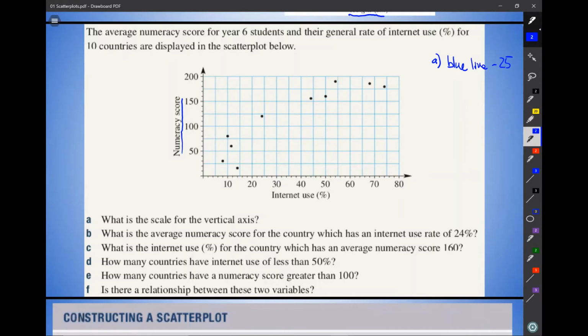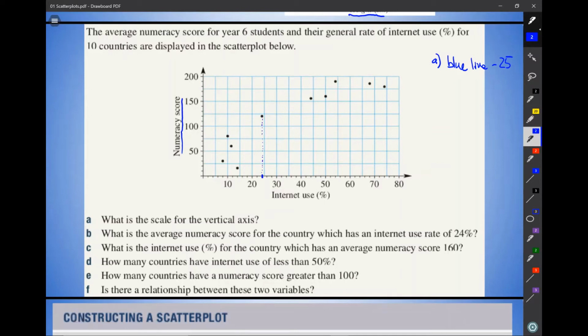So, the average numeracy score for the country which has an internet usage rate of 24%. So we need to find here an internet usage rate of 24%, which I think is probably here. And then we follow that up to this dot here.